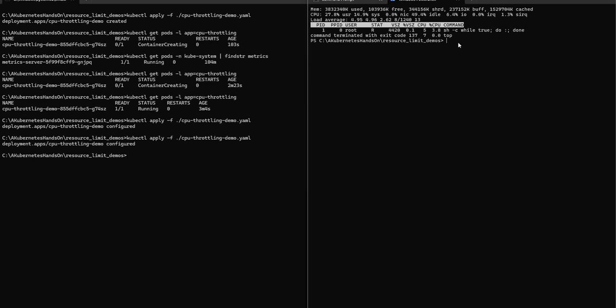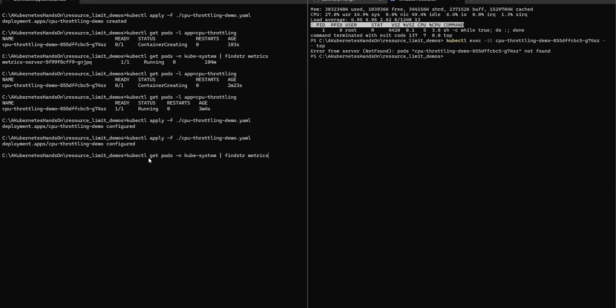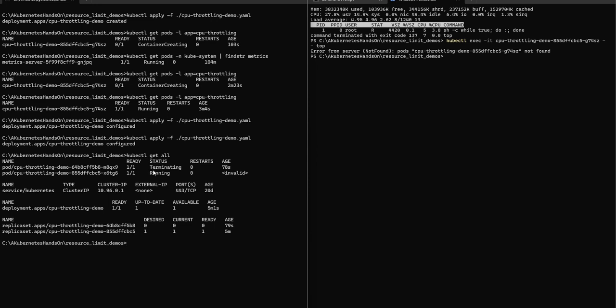Okay, so it is now saying that it got terminated because it was showing higher earlier. Now if I execute the command again, my pod is changed. kubectl get all. So it is terminating basically.